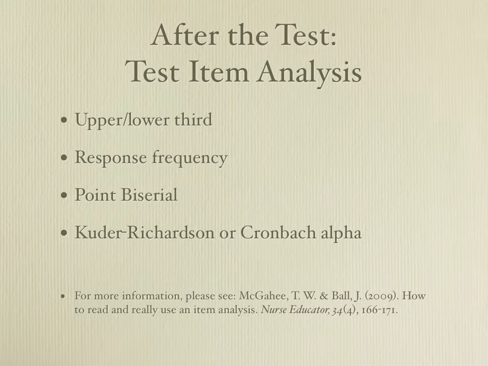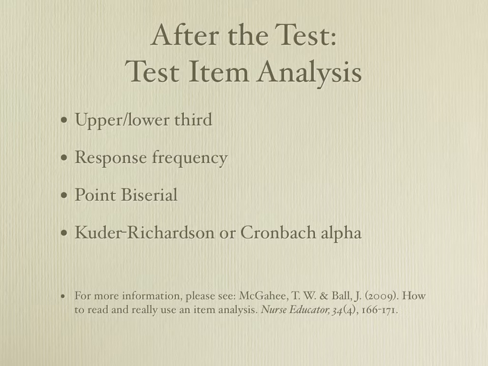And then you have point biserial. That's the correlation between the item score and the overall score, and that's going to range from -1 to +1. So go back to your statistics days and we're going to do a correlation. Your sign goes with correlation. So a positive sign is going to indicate that the high scorers were more likely to answer that question correctly.